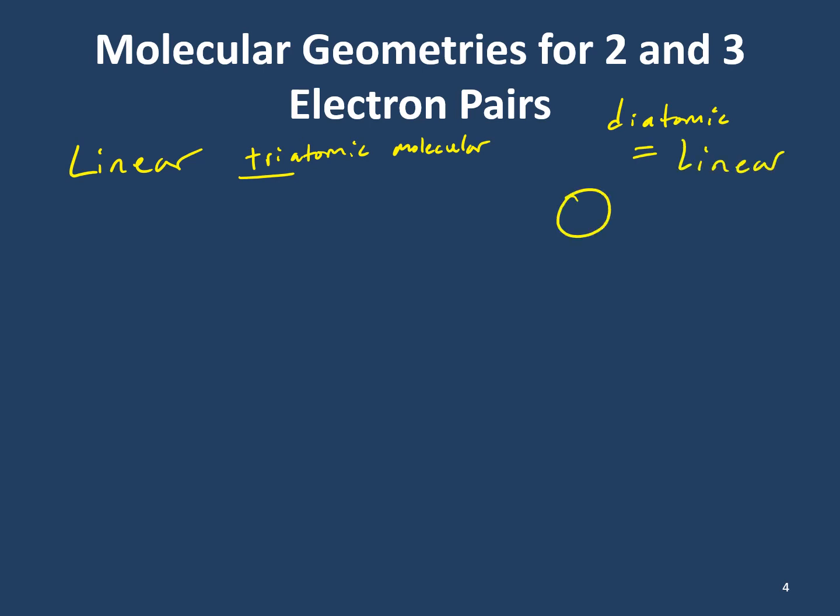Because if you have 2 atoms connected to each other, the only shape you can ever form here is a straight line. So we're never talking about diatomics in this lecture. We're always going to be talking about at least triatomic molecules or more.